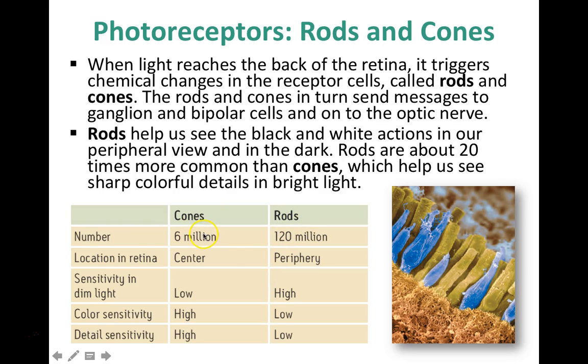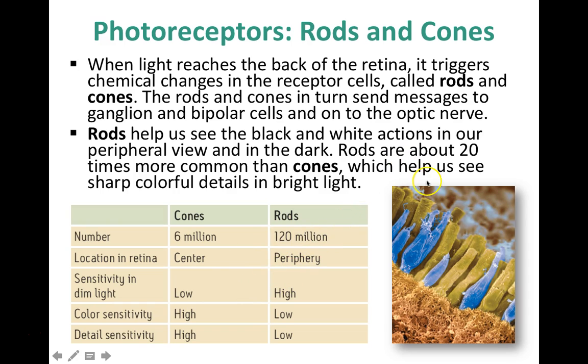So here's a nice little summary table. You've got about 6 million cones in each retina, each eye, and 120 million rods. The cones tend to concentrate in the fovea, in the center of the retina, whereas the rods go around, in the periphery.